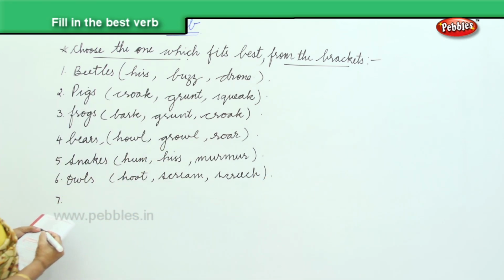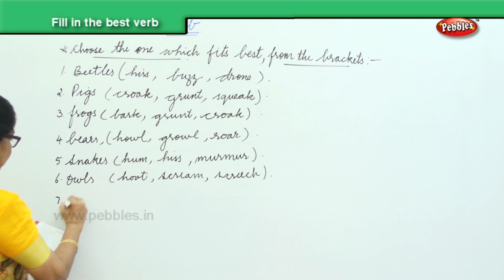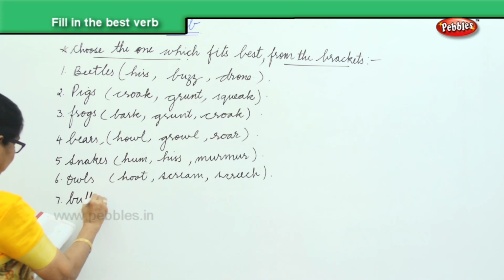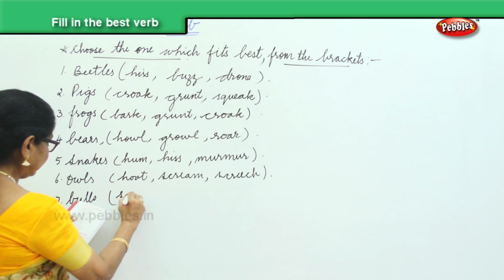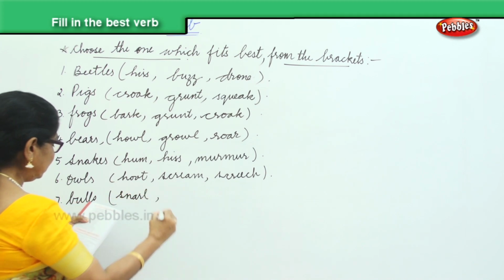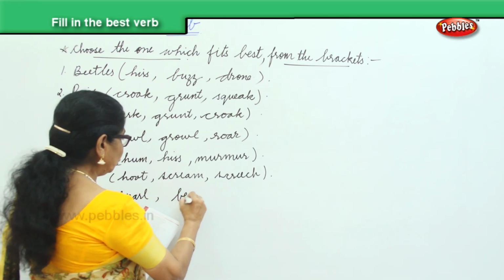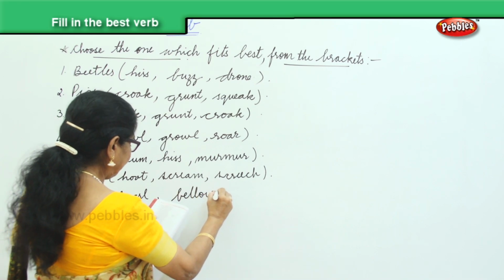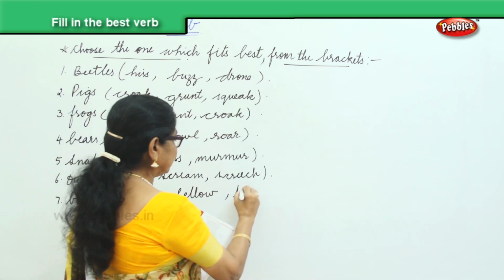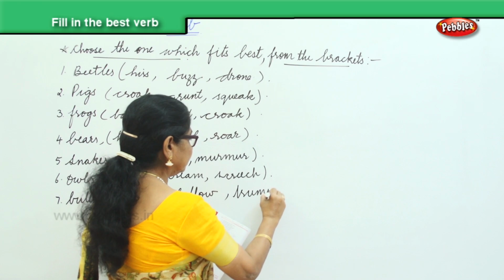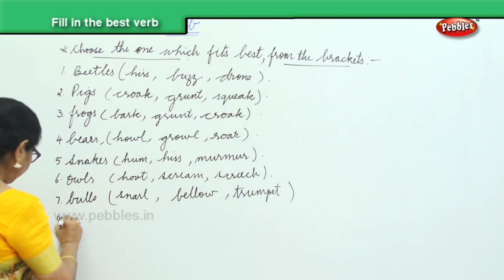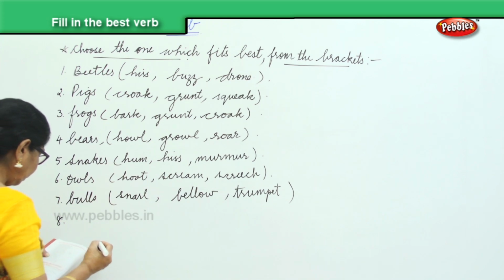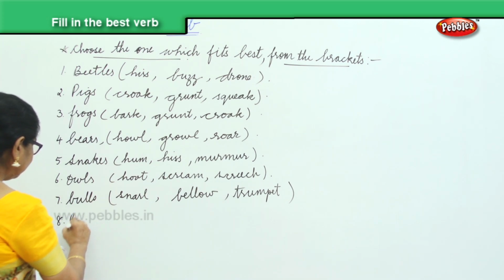You have bulls. What do the bulls do? Bulls snarl, bellow, and trumpet. Then we have geese.